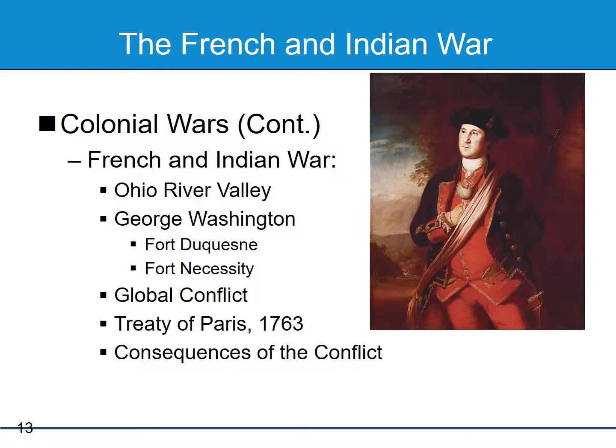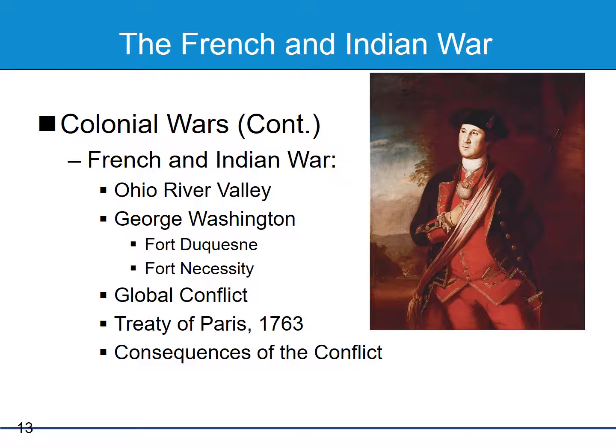The French and Indian War is going to have a huge impact on the relationship between the colonies and the mother country. And it's also going to have a huge impact on the relationship between France and Great Britain. When we say French and Indian War, let's clarify that it was the French and Indians in North America, usually allied together against the British.